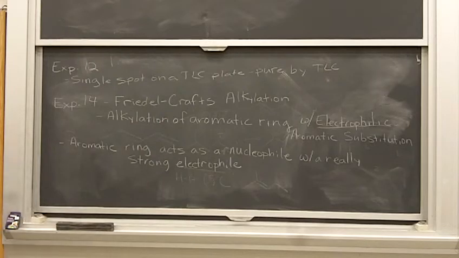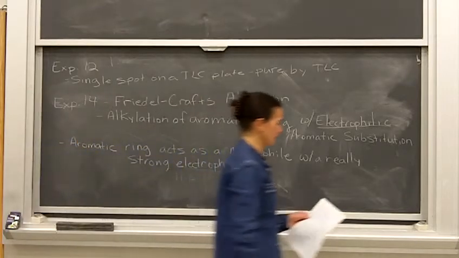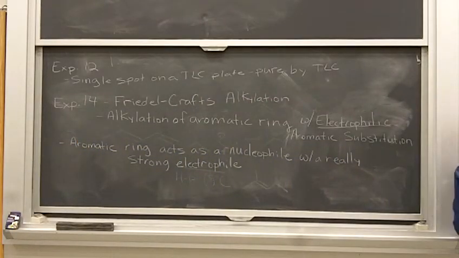So we are going to make carbocations, which are really, really great electrophiles, okay? And so what happens is, in general, we've got this aromatic thing. We're going to react it with an alkyl halide, and we're going to use a Lewis acid.